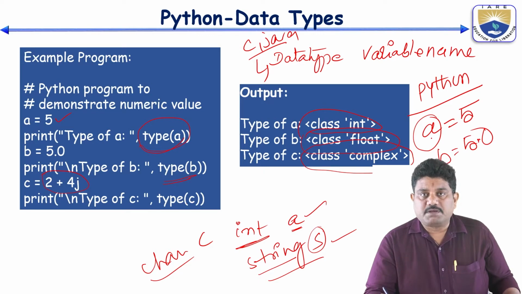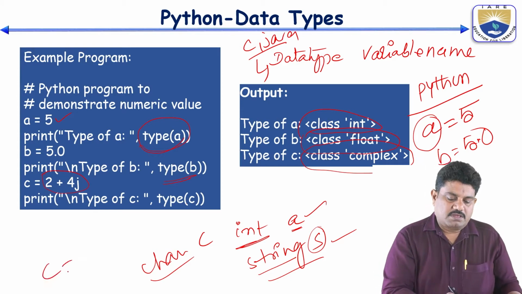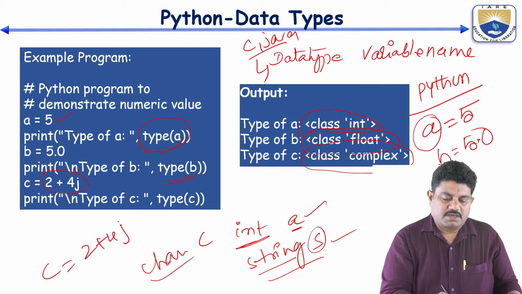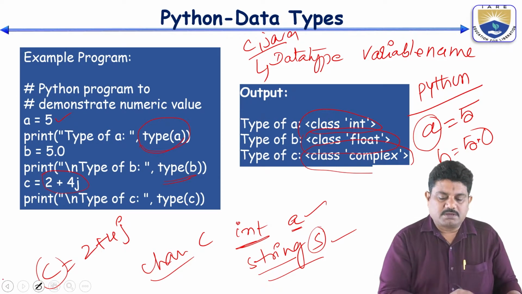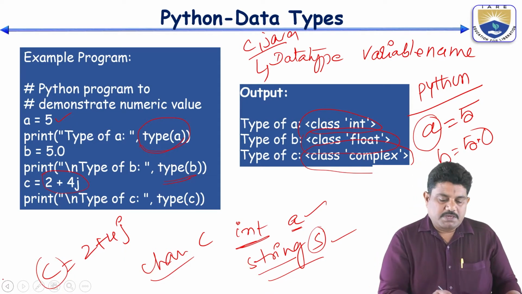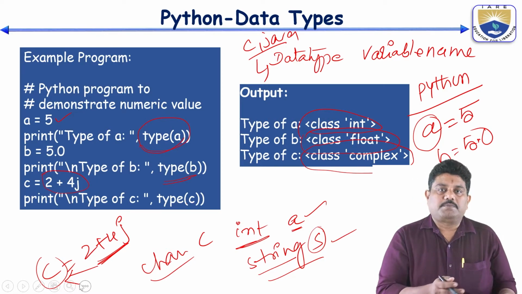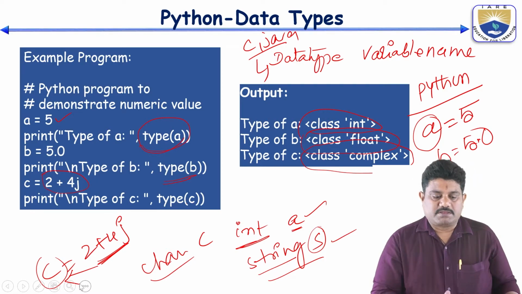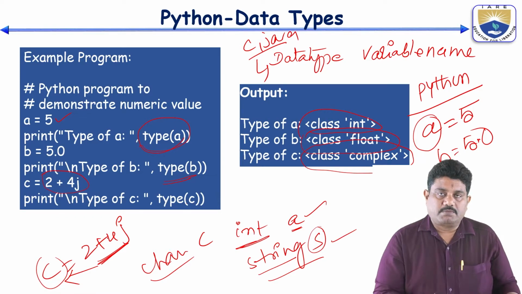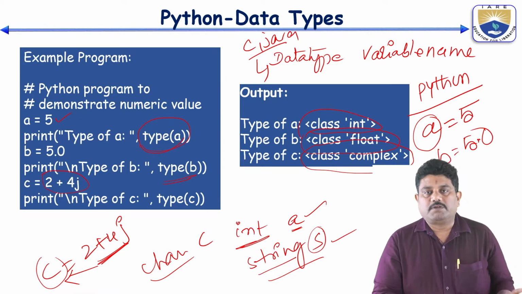Now the type of a becomes integer, the type of b becomes floating point. And for c, 2 plus 4j, the type of c becomes complex. So based on the value assigned to the variable, the type of the variable will be decided.